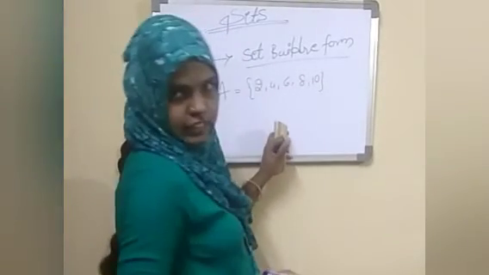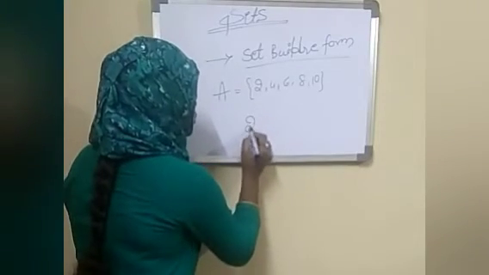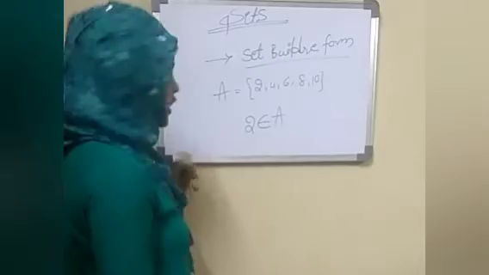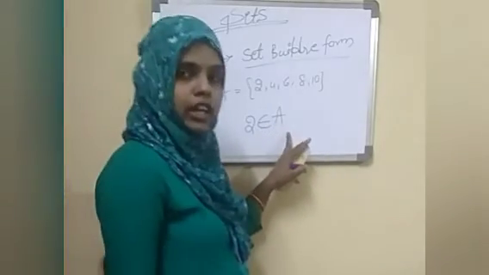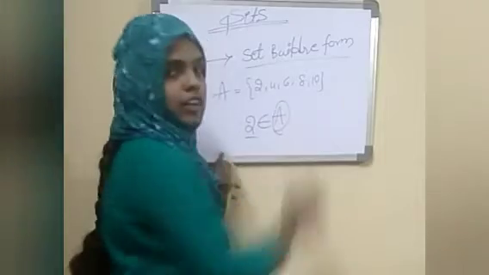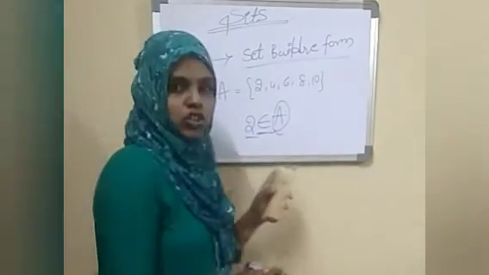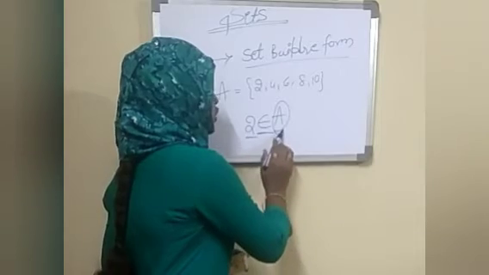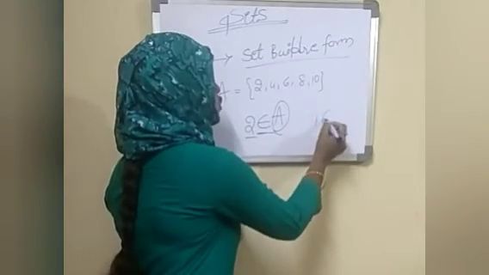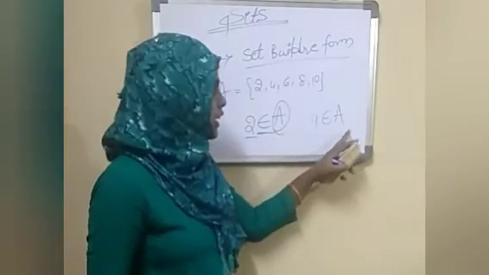This is a set, and here I am taking 2 belongs to A. What am I taking? 2 belongs to A, meaning 2 is a number in set A. Here how are we pronouncing this symbol? Belongs to. Here 2 belongs to A. And another example, 4 belongs to A, meaning 4 belongs to set A.